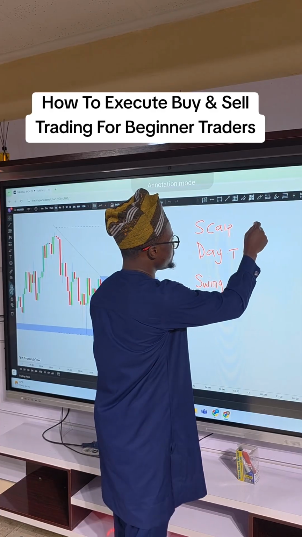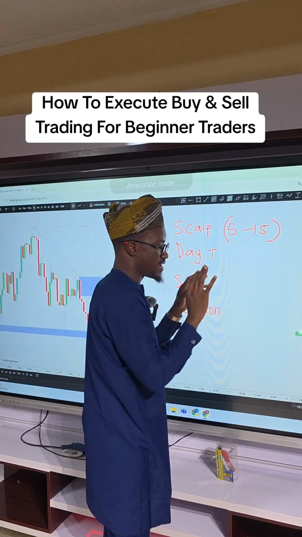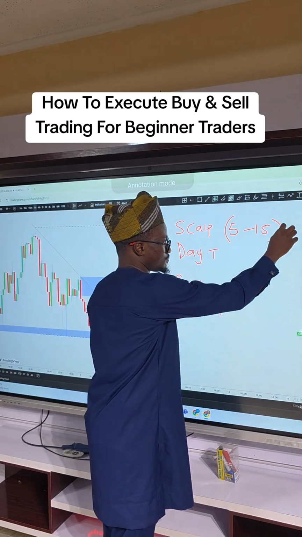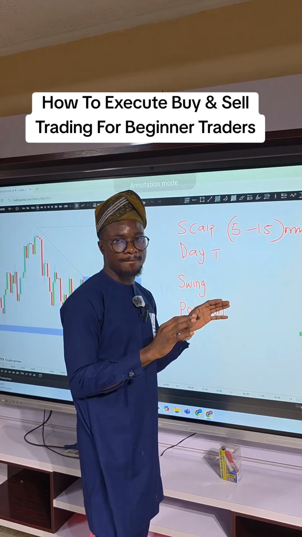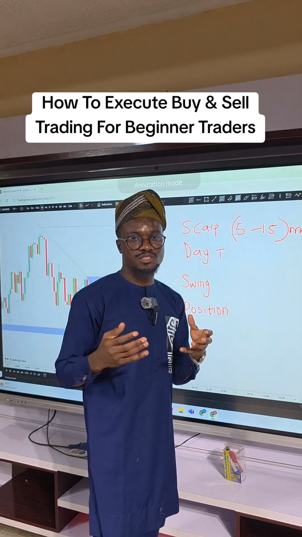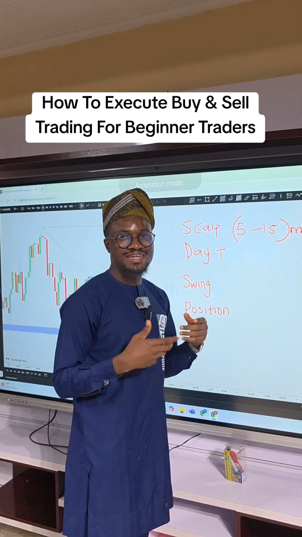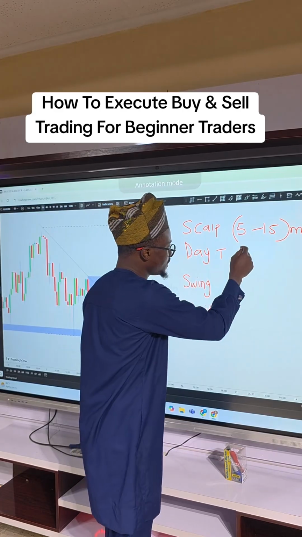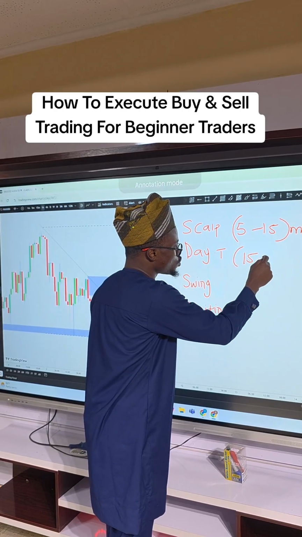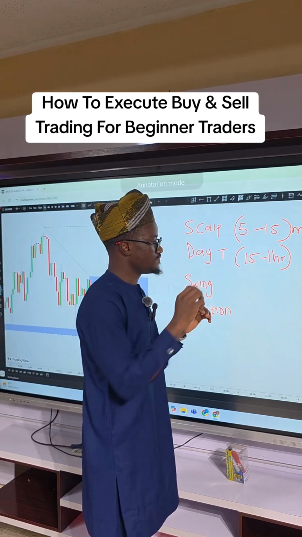Now, 5 minutes, within 15 minutes, that is the bracket. Now, for the day trader, if a trade is being sent out and you see day trading, it means such trader can execute his or her trade within the 15 minutes to max of 1 hour.